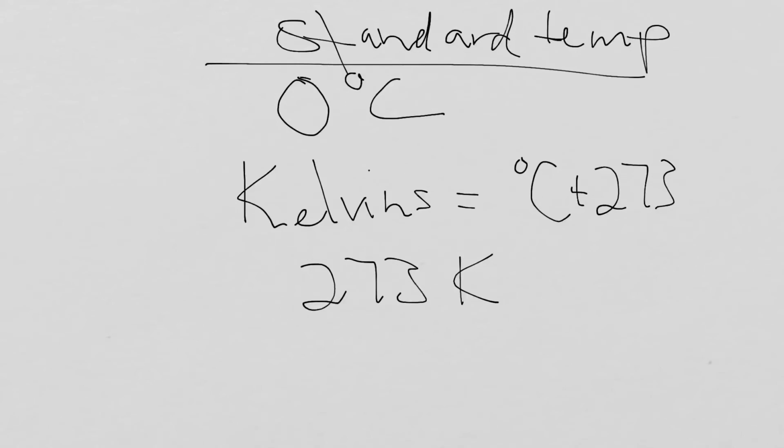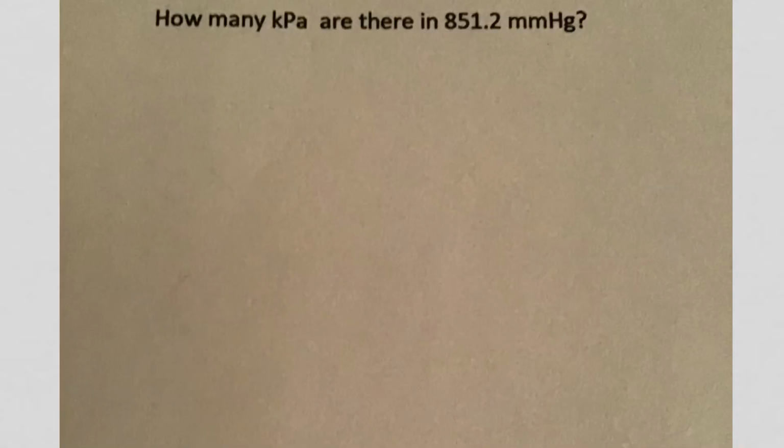Okay, now going back to an example of a pressure problem. This is number 1 on the pressure maze, and what you do is you solve it, and then you find the right answer along the path, and wherever it takes you to, you put a 2 in the next box. So let's go ahead and solve this and see where it takes us.